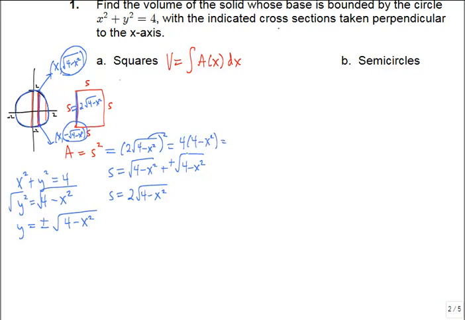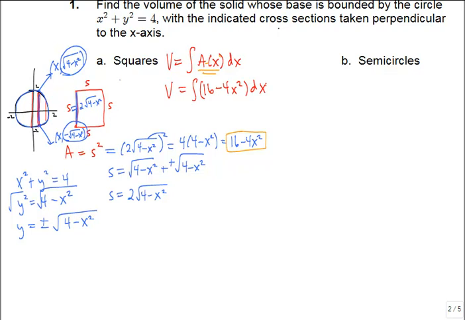So this becomes 4 times 4 minus x squared, or 16 minus 4x squared. So that is our area function that we're going to plug into my integral. So all of this goes right here. So here's my volume integral: 16 minus 4x squared dx.